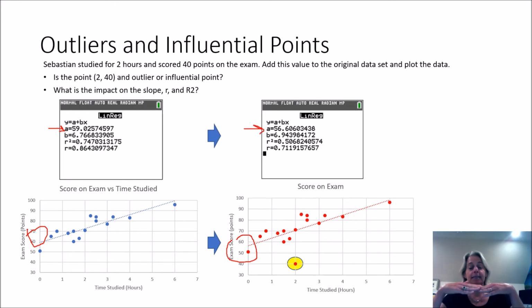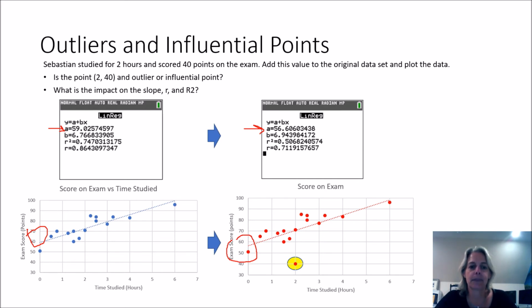So the y-intercept, when we added Sebastian, did move down a little bit. The slope of the line, does it look that different? Not too much, right? So the slope increased slightly when we added his point, but it just went from roughly 6.77 to 6.94. So not a huge influence on the slope.